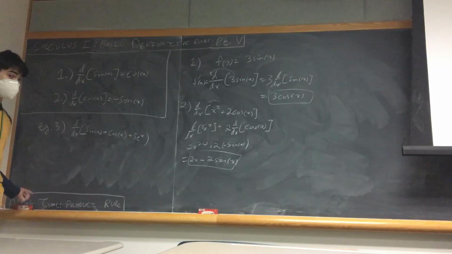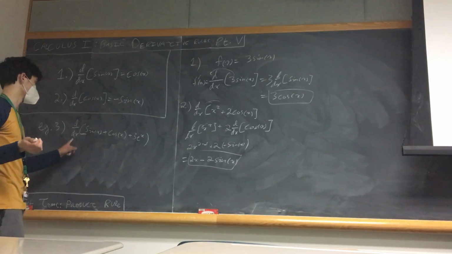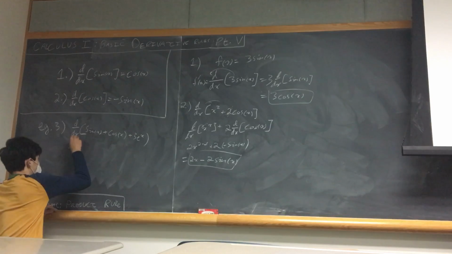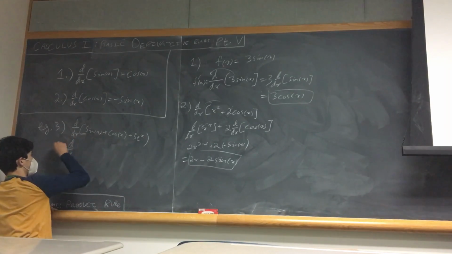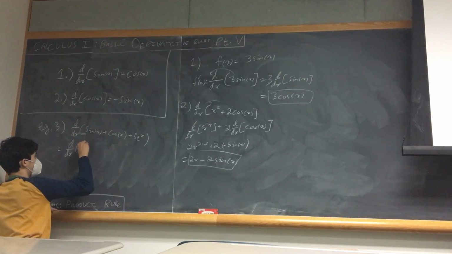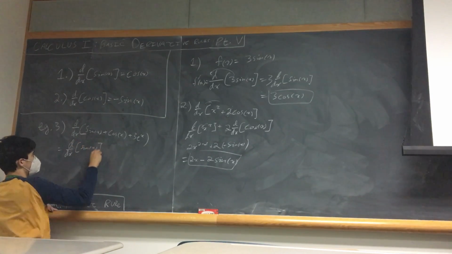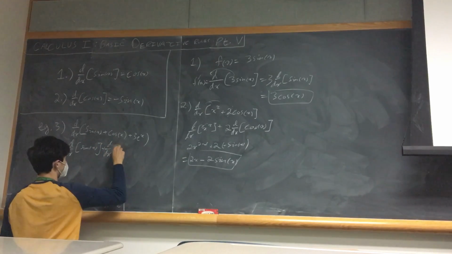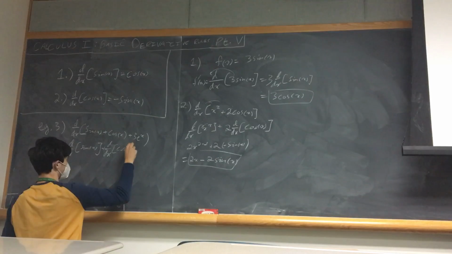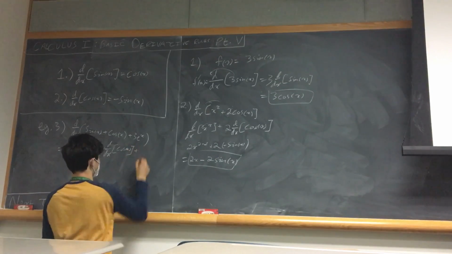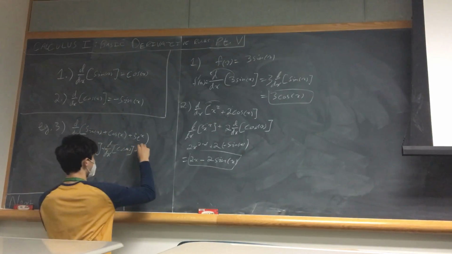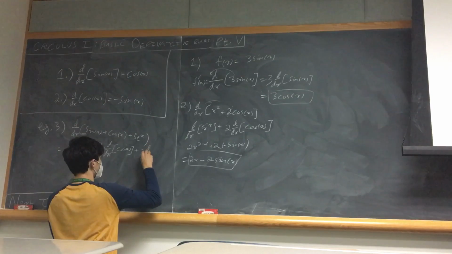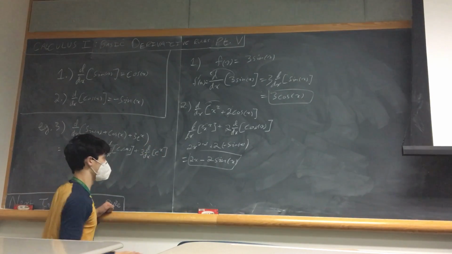So we can use the sum and difference rules to split this into 3 different derivatives. We can say that this is equal to the derivative of sine of x plus the derivative of cosine of x plus, and once again invoking the constant multiple rule, 3 times the derivative of e to the x.